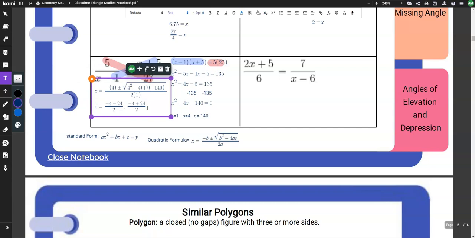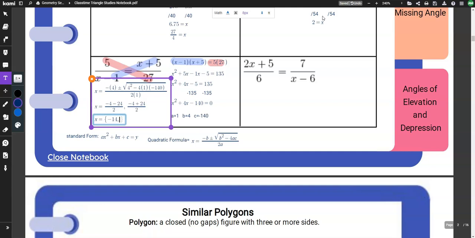Now, negative 4 minus 24 is negative 28 divided by 2 is negative 14. And negative 4 plus 24 is 20. And that is divided by 2, so that's going to give us negative 14 and 10.